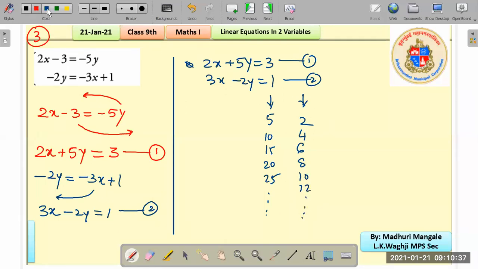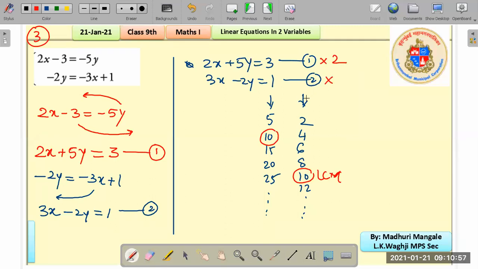So the least common multiple is 10. It means we should multiply some number to 5y to get a 10. So what do you multiply? We multiply by 2. That would give us a 10y.